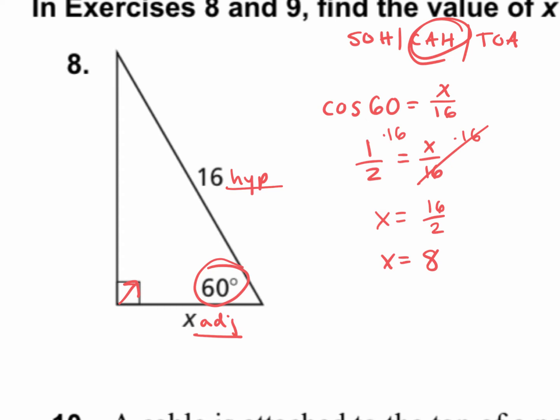On the test, you could see a problem like this that isn't one of your special right triangles. So let's say this was like the cosine of 32. Not a special right triangle, but you can always put the cosine of 32 into your calculator and figure out what that is. So if it doesn't give you a special right triangle, just put it in your calculator.